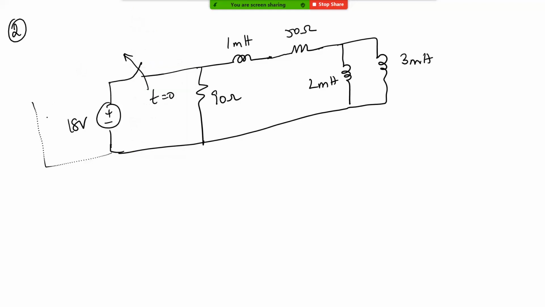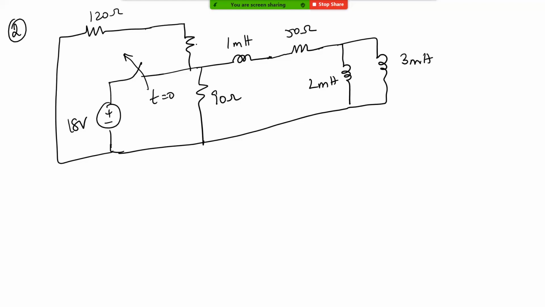Oops, what is this? Okay, there is one more resistor. All right, so this is the problem.